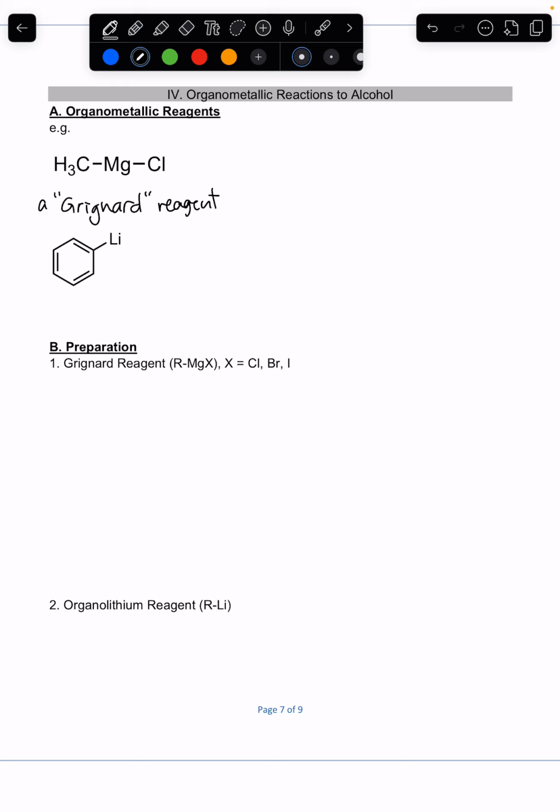It's a French guy that came up with this reagent first. His name, I believe, is pronounced Grignard. Often undergrad OChem students who might not be paying attention might pronounce it differently, but it's a Grignard reagent. The other would be simply called an organolithium reagent.